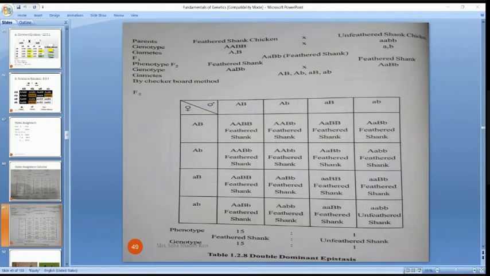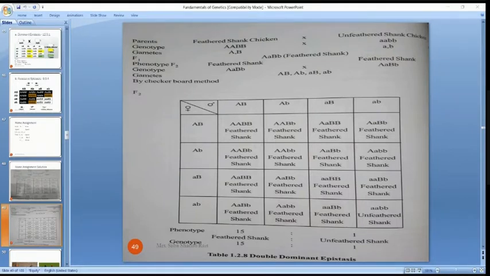If you observe here, capital A is absent, but everywhere we observe that the feather shank is there, even if a single dominant gene is present. Only in one case, where capital A and capital B are both not present, is the unfeathered shank chicken observed. So here the highest probability of the dominant character has been observed.